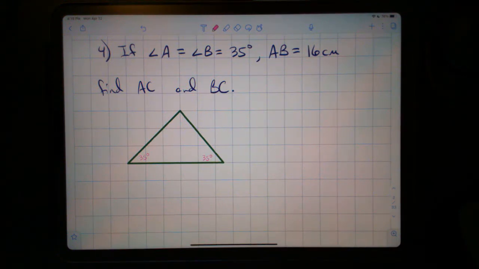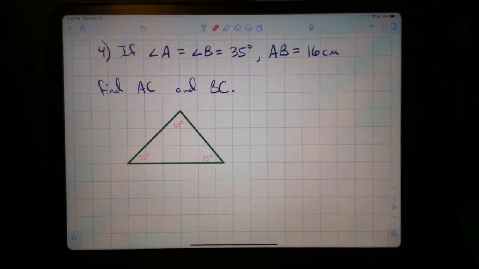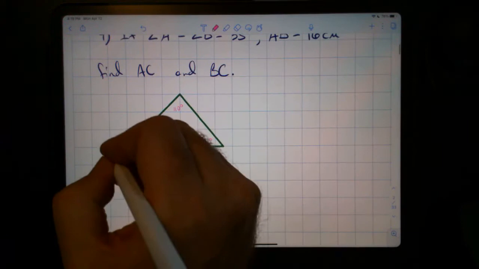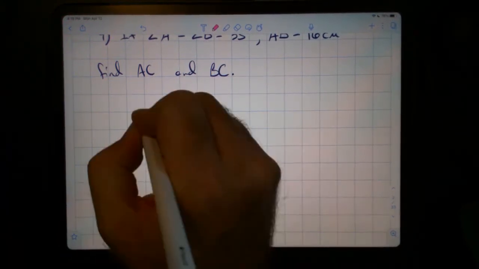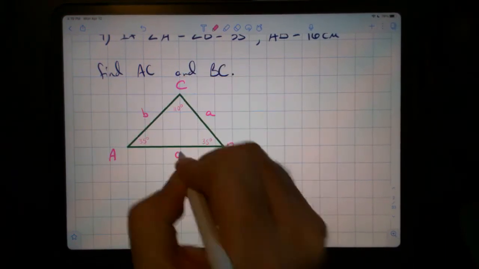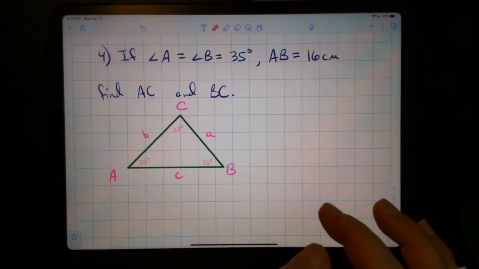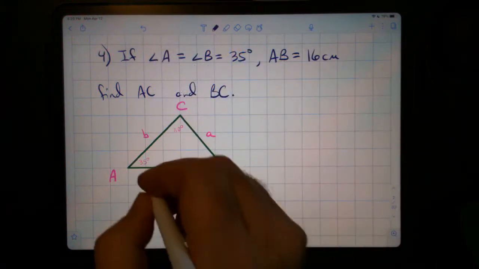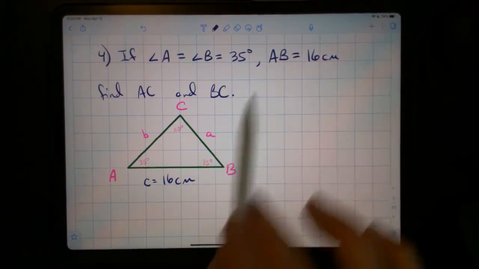That'll be 70. So this must be 110. So let's call this A, B, capital C, lowercase c. So c is equal to 16 centimeters because that's between A and B.